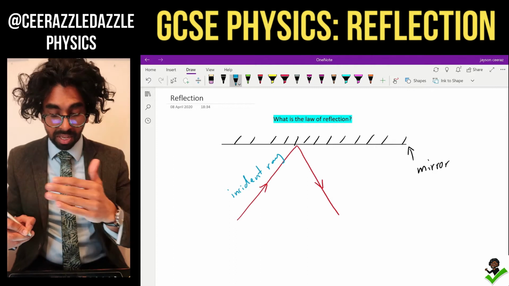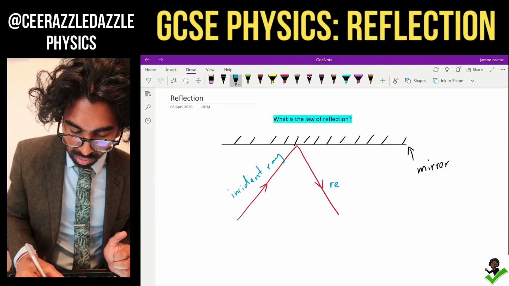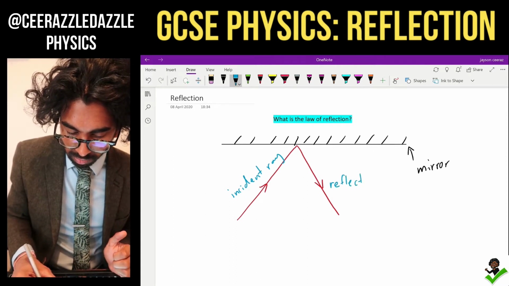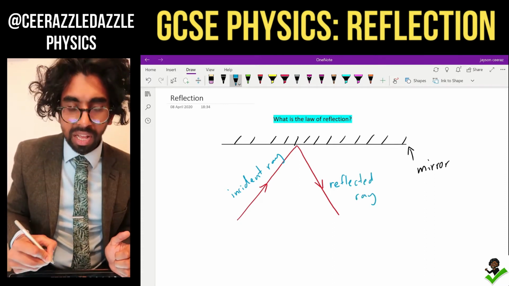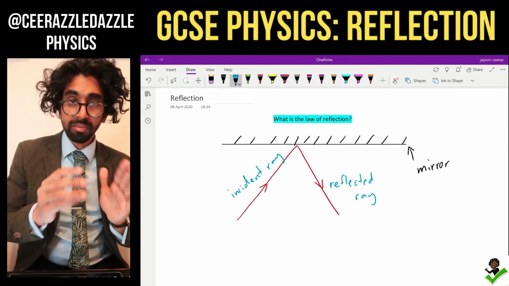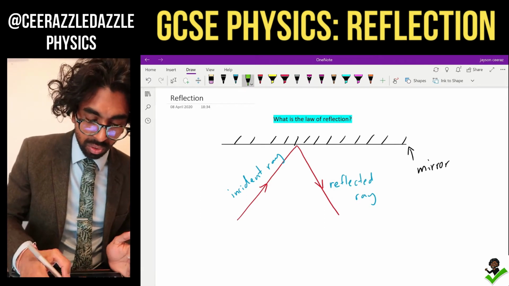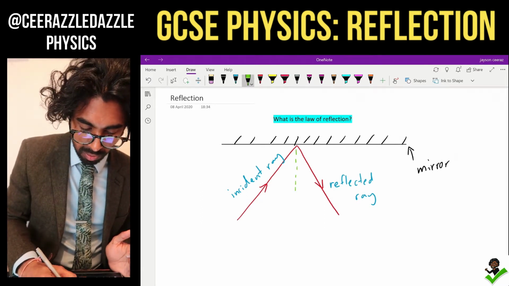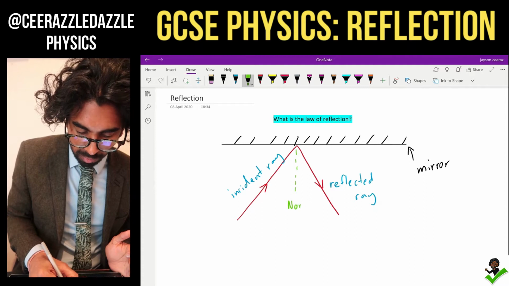The ray of light which is coming out is called the reflected ray. There is an imaginary line between them which separates them equally. This is called the normal. So here is the normal.